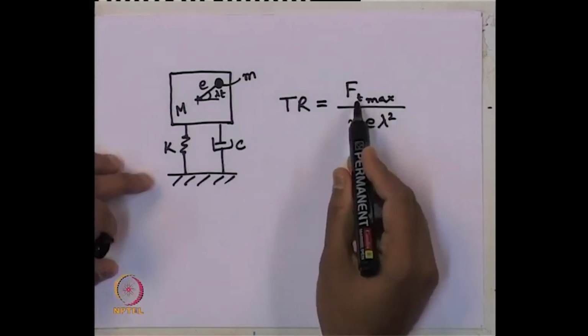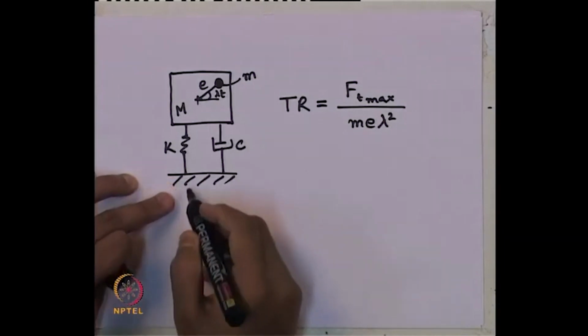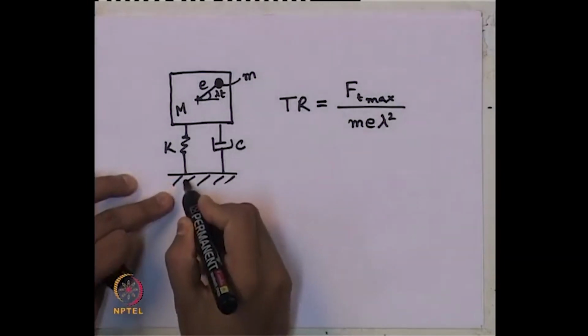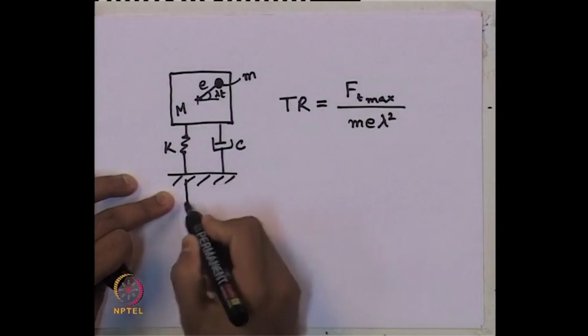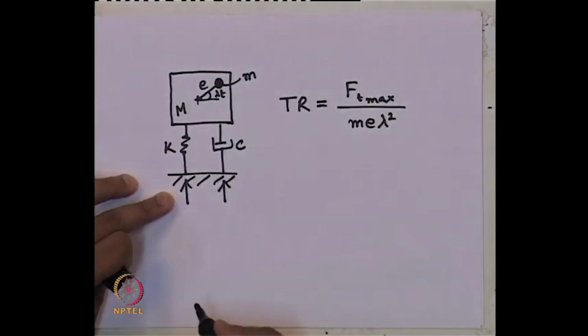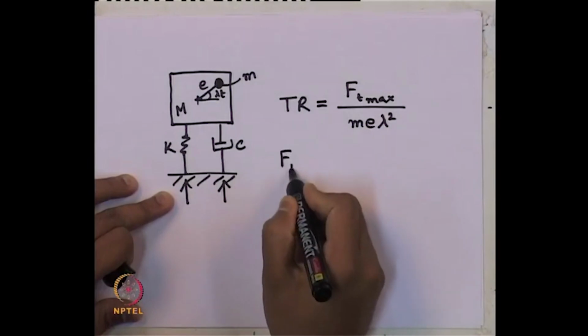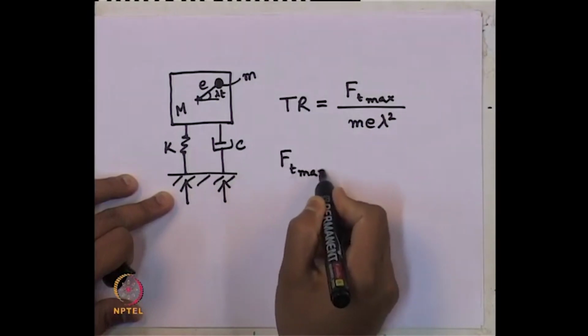And how much force is transmitted to the system? Force transmitted to the system means it is coming from this spring and this dashpot. How much maximum force can they transmit?